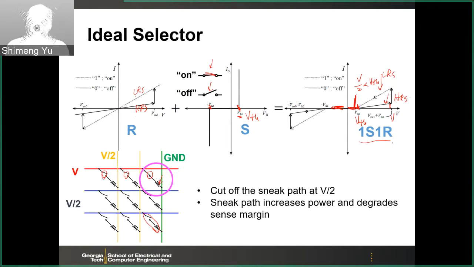For example, those cells, because they see half V, right? If the half V is below the threshold, then the circuit basically is open here.